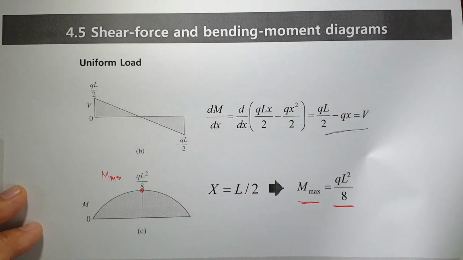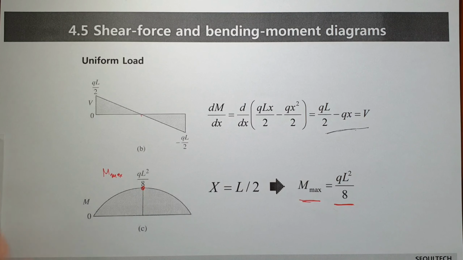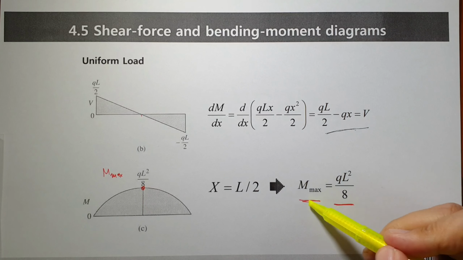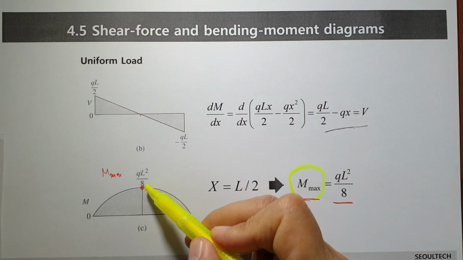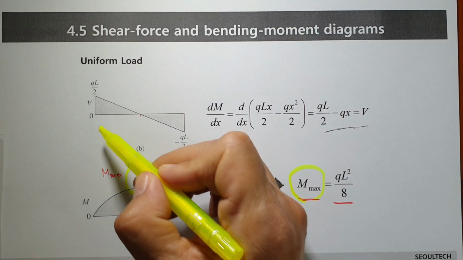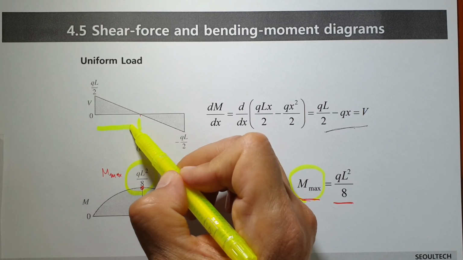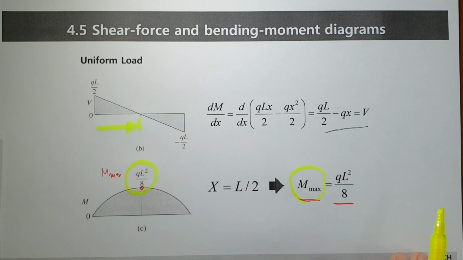Okay, that's it. There is some relationship between external force and shear force and bending moment diagram. Okay, in this chapter, it's very important to find the reactions, or to find the maximum bending moment. Maximum bending moment quantity and its position. Just where it happens.